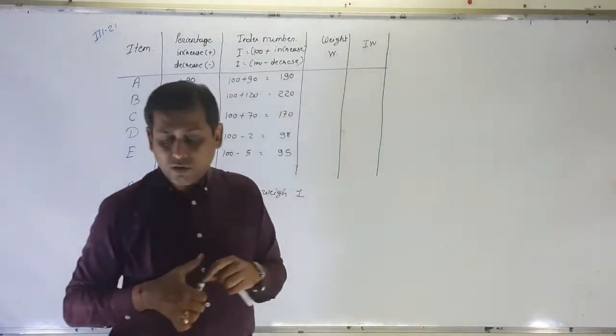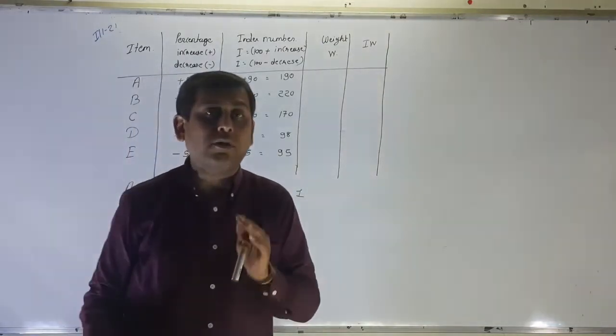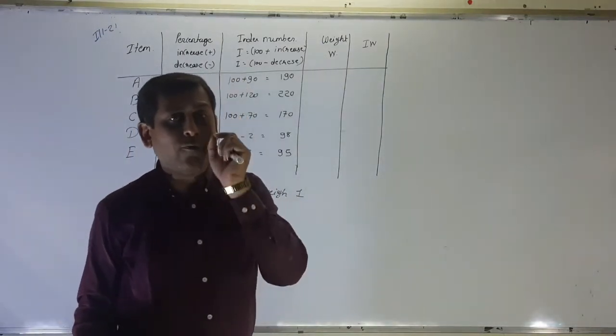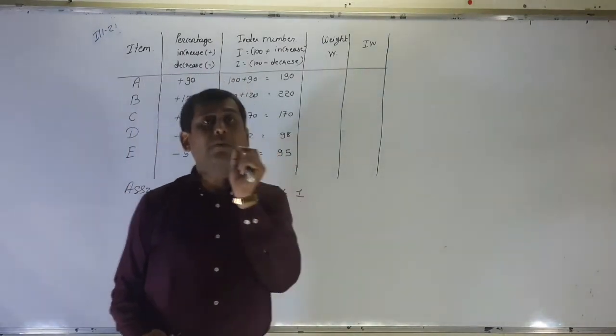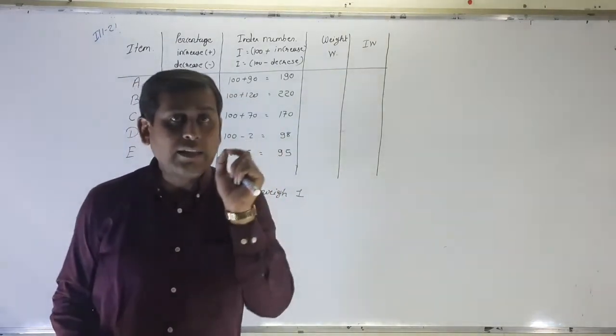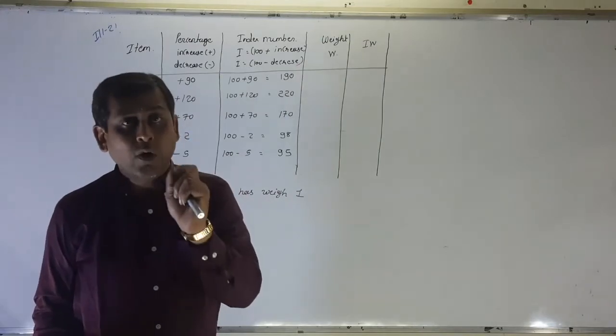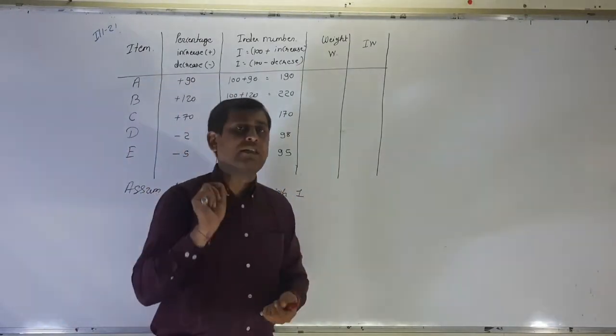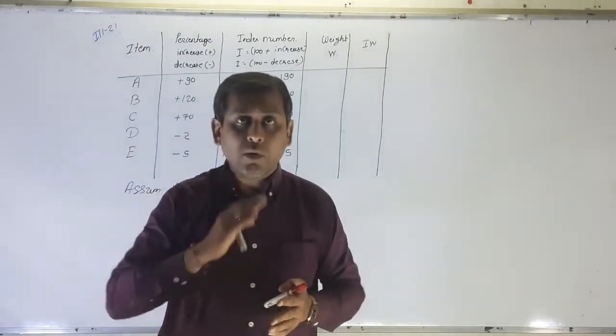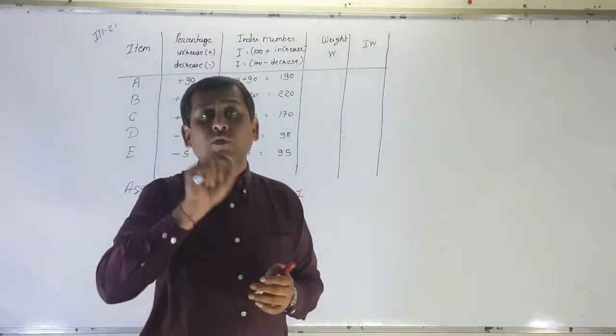Whatever the word after 'than', underline that particular word. 'Than B' means B is equal to 1. Whatever the first sentence given, A is 4 times than B.